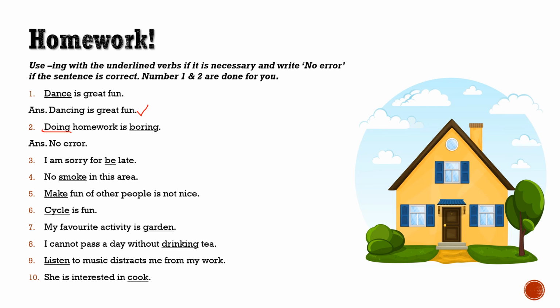And again, boring, it is the object of this sentence and object হিসেবে অবশ্যই কোনো noun আসবে, right? So in this case we have added ing with the verb bore and thus it has become boring এবং এই বাক্যে কোনো ভুল নেই। So the answer is no error.